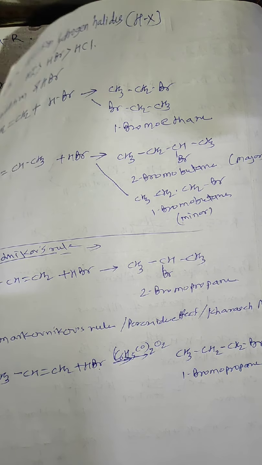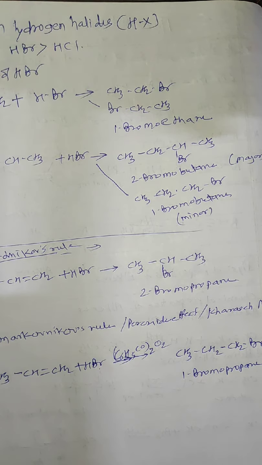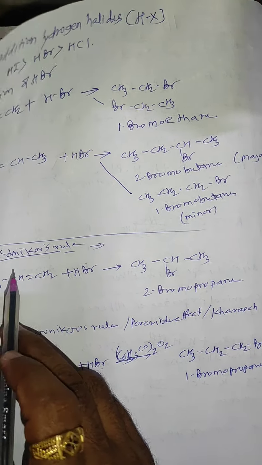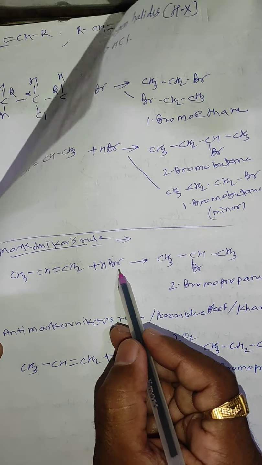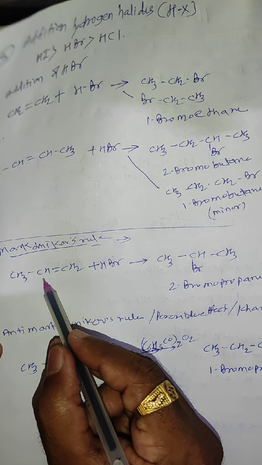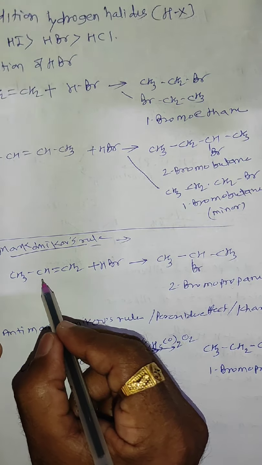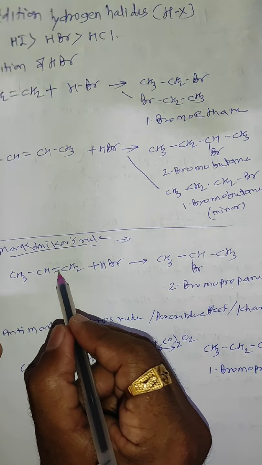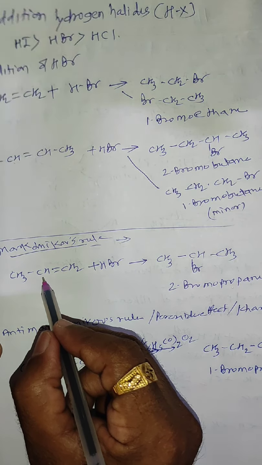So this is Markovnikov's rule and anti-Markovnikov's rule. Listen again, the statement of Markovnikov's rule: when an unsymmetrical reagent like HBr is added to an unsymmetrical alkene, then the negative part, like Br minus, goes to that carbon of the carbon-carbon double bond which has the lesser number of hydrogen atoms.